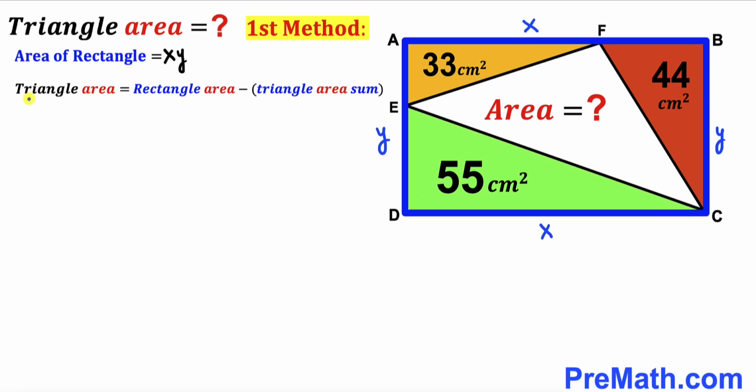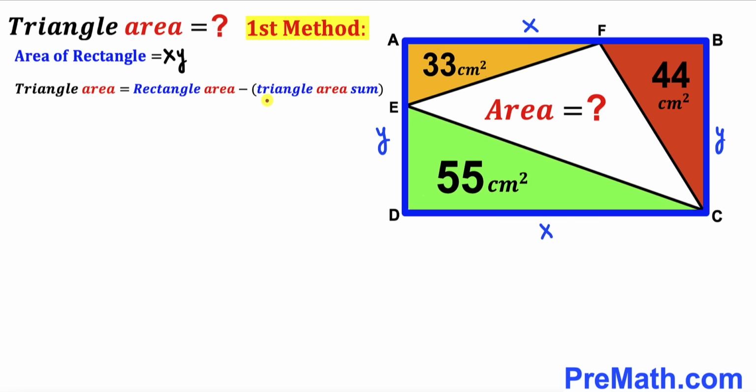Now let's make an observation. The area of the white triangle is going to be equal to the area of the whole blue rectangle minus the area sum of these three individual triangles. If we add these three areas, 33 plus 44 plus 55, that gives us 132.